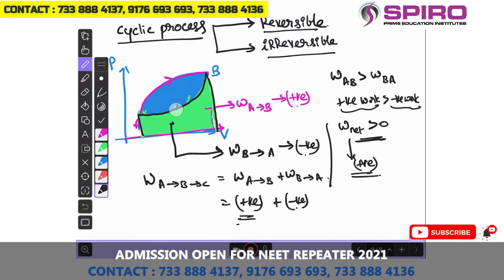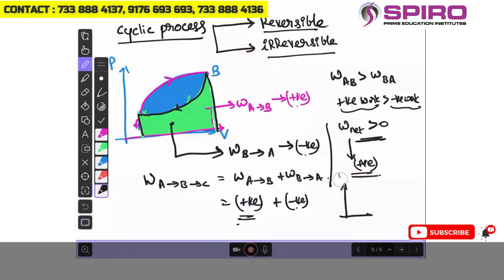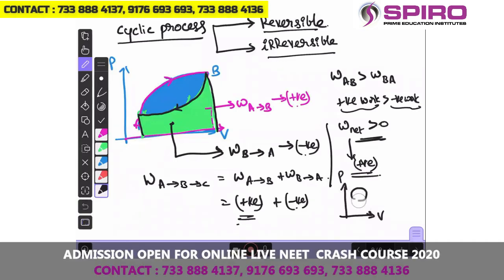So for any clockwise cycle, similar to this, in any PV graph you take, with the pressure axis and the volume axis, any clockwise cycle will represent net work done that is positive. Why? Because positive work is greater than negative work.